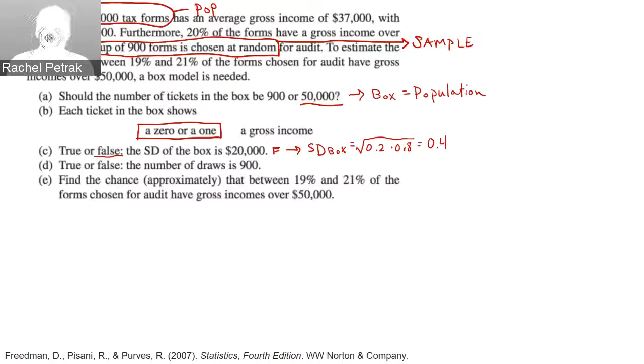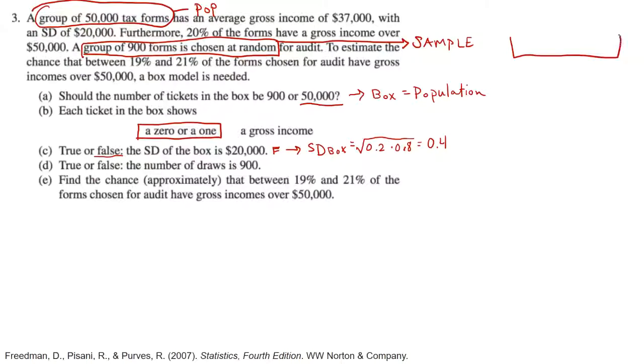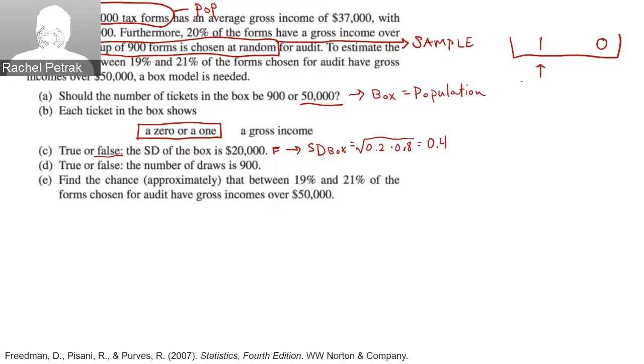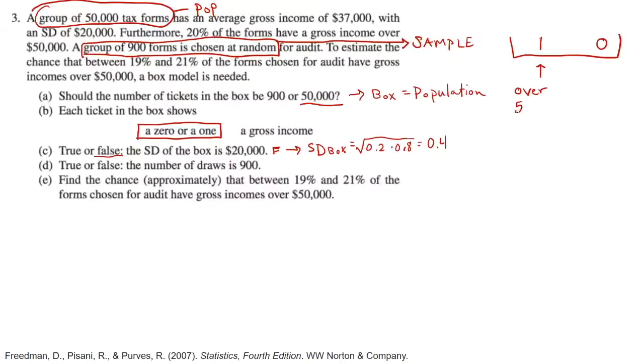Our box is zeros and ones, where the ones are over $50,000 and our zeros are under.